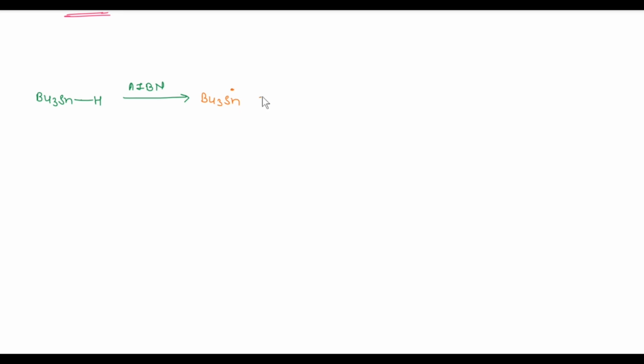So this radical reacts with alkyl halide, and here the side product is tributyl tin iodide, and here we get R radical.